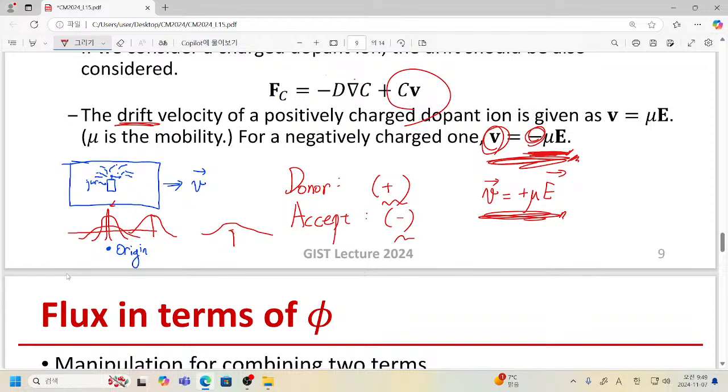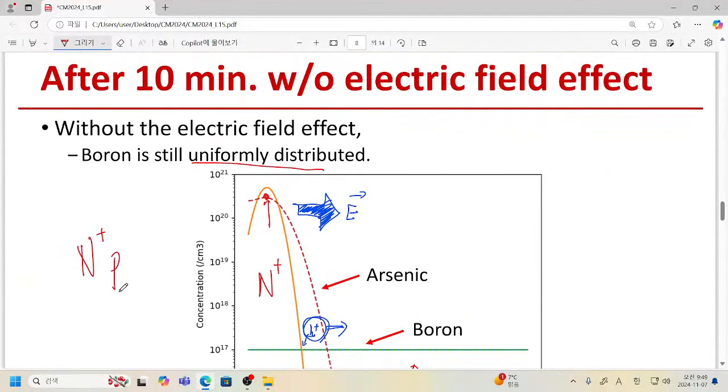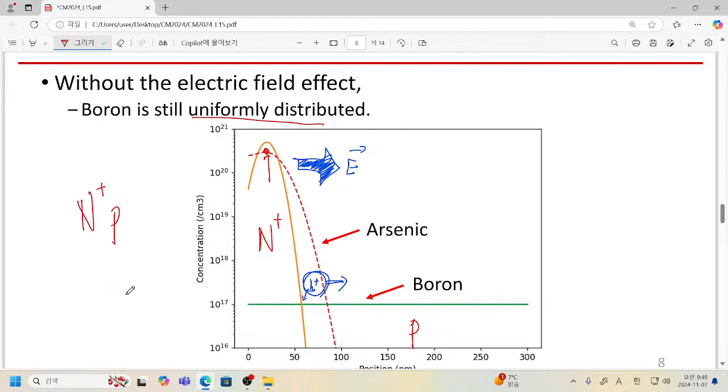So now you have the picture. In this case, if we have a PN junction, even at elevated temperature, although it is not cooled down to room temperature, and in a PN junction, we always have a developed internal electric field.